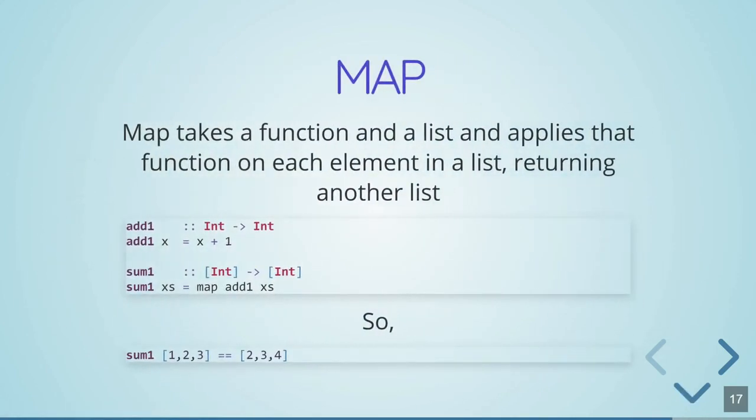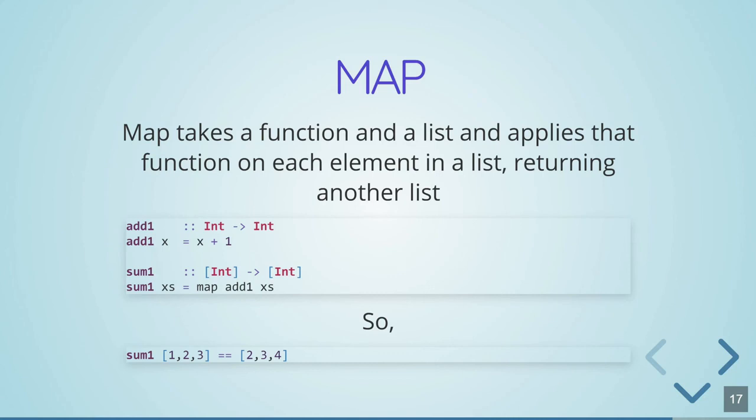So I already gave you a little bit of an introduction just a bit earlier to the map function, which is a very useful function that takes a function as its argument, which is a very interesting thing that we'll talk about a lot more later. And it takes this function as its argument and then a list, and it applies the function to each element of the list, returning another list.